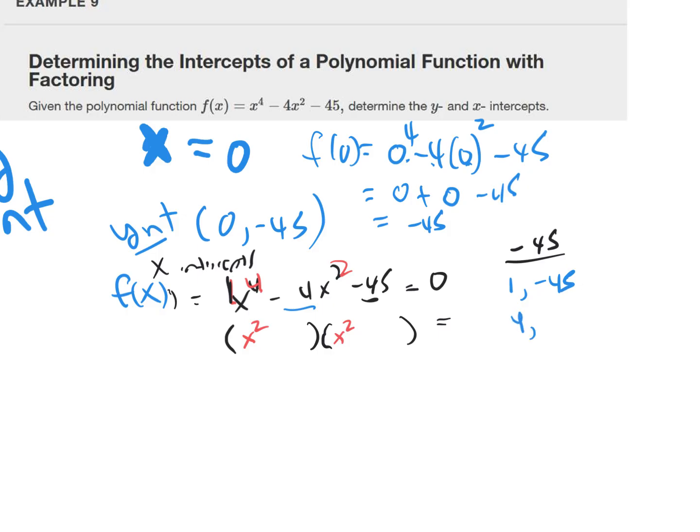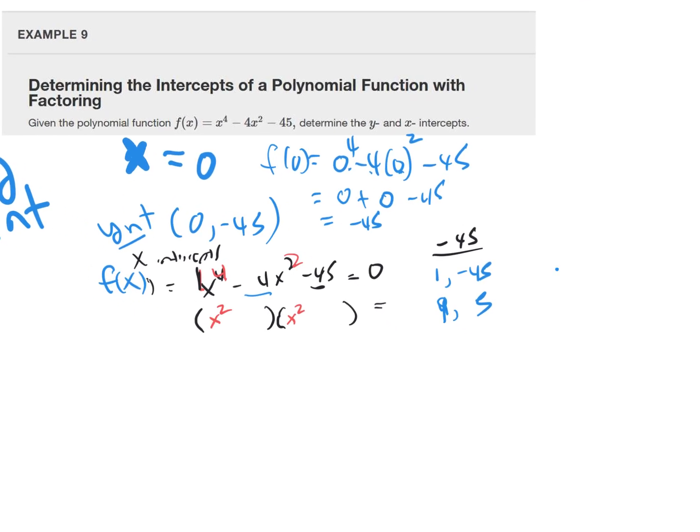The interesting thing about a 9 and a 5, if you subtract 5 from 9, you do get a 4. You hear what I just said? 9 minus 5 is a 4. But I don't want a 4. I need the negative 4. So why don't I use the negative on the 9?